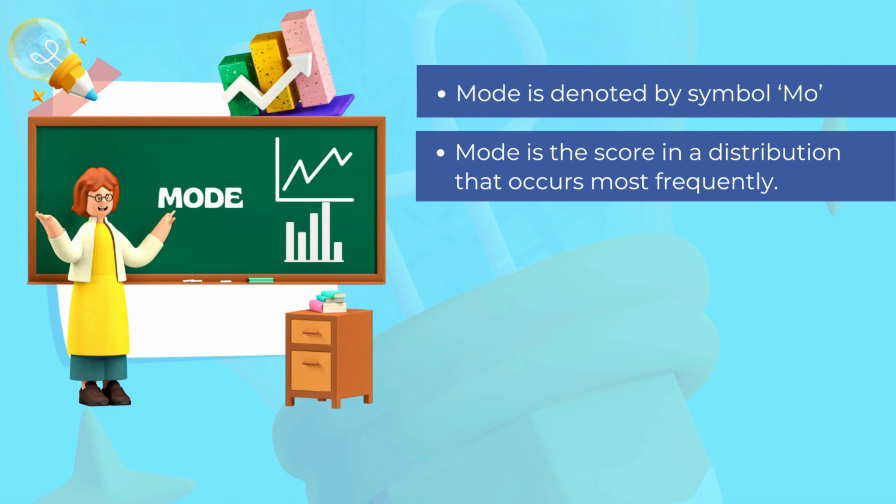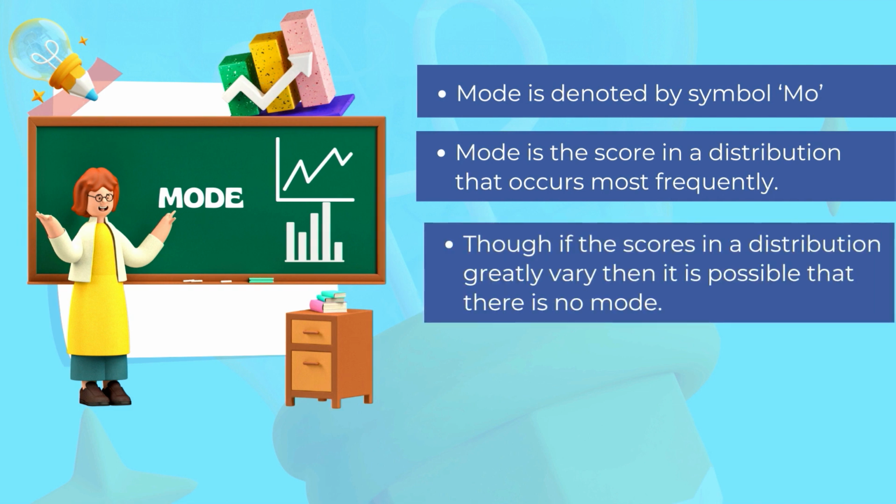If you have a data set, the data which occurs most frequently can be considered the mode. Though, if the scores in a distribution vary greatly, then it is possible that there is no mode.